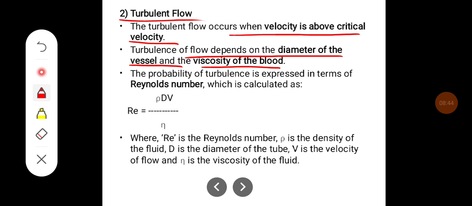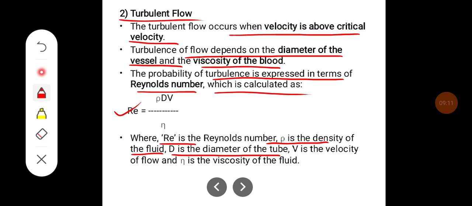The probability of turbulence is expressed in terms of Reynolds number, which is calculated as Reynolds number is equal to rho dV divided by mu, where Re is the Reynolds number, rho is the density of the fluid, d is the diameter of the tube, v is the velocity of flow, and mu is the viscosity of the fluid.